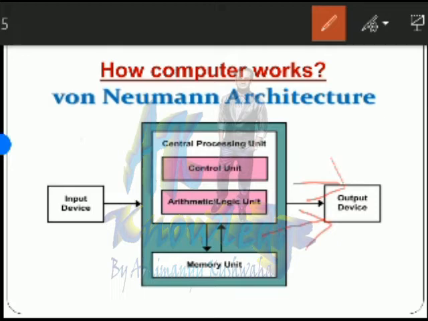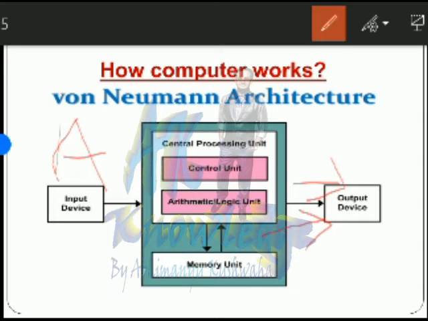Suppose we input A from the input device, suppose from the keyboard. The computer can't understand what A is or what the meaning of A is. So the instruction goes to the control unit. If there is a proper signal, it can pass to the arithmetic and logical unit.